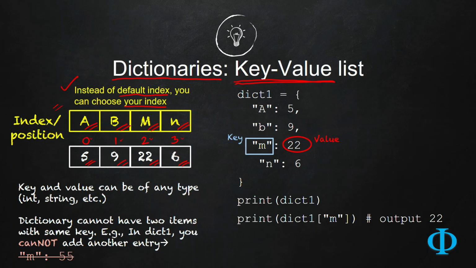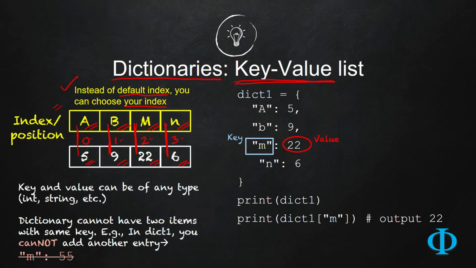And dictionary means these indexes and these values are coupled together. So A is coupled with 5, B is coupled with 9, M is coupled with 22, and N is coupled with 6.